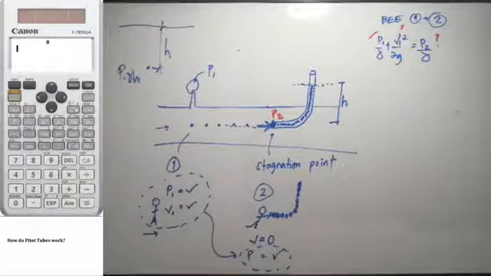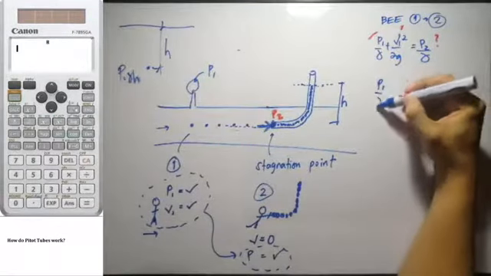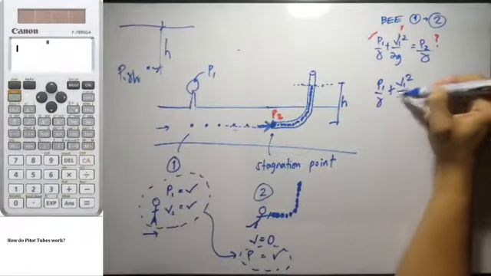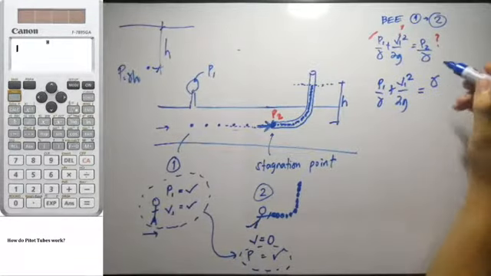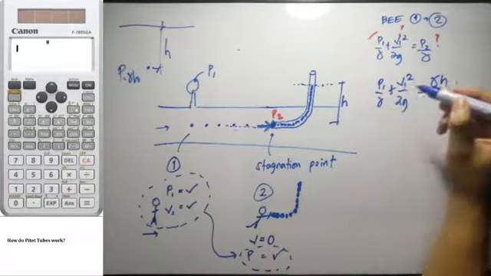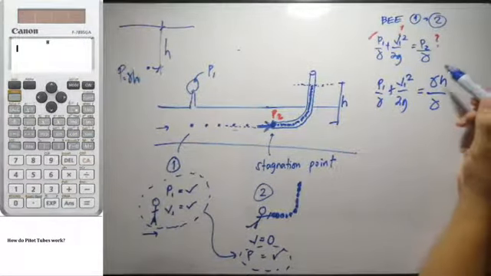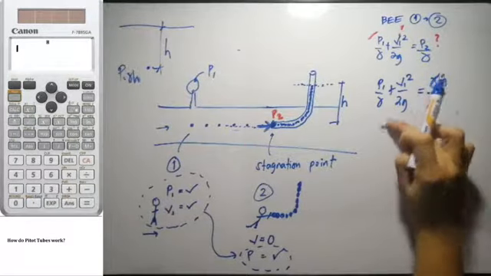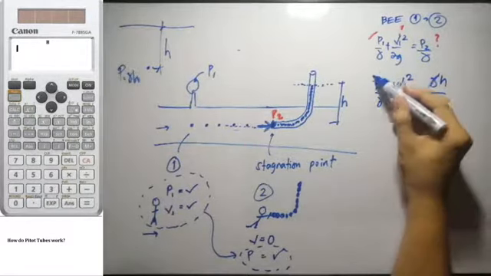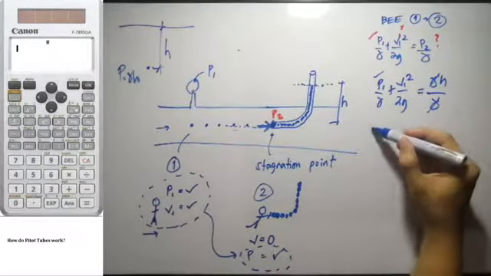Okay? So, ibig sabihin, etong P sub 2 na yan, so P sub 1 over gamma plus V sub 1 squared over 2G equals P sub 2, which is gamma H over gamma, kung gaano man kataas to. So, di ba, ang dali lang. Kasi ang mangyayari, cancel. So, you know the velocity or the pressure at this point, check. And this is H. So, ayan. Kunin natin yung velocity.